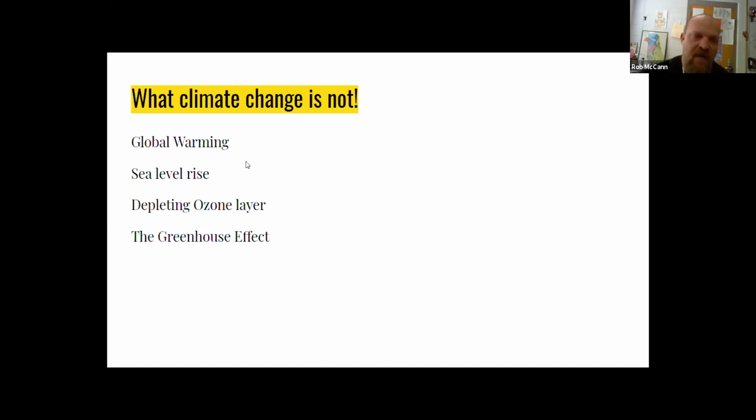So global warming is an issue, right? Just like climate change is an issue. They're not one and the same. So you wouldn't have a question that talks about global warming and then you use climate change to describe that. You need to be really, really careful. I'm not saying that the things on this list are not related in some part to climate change, but they are not the same thing.